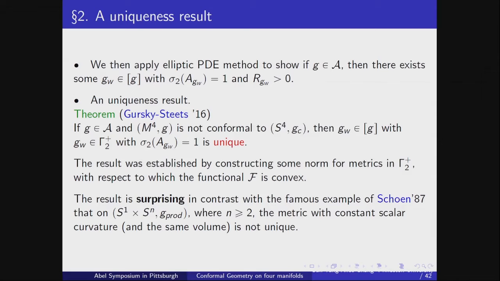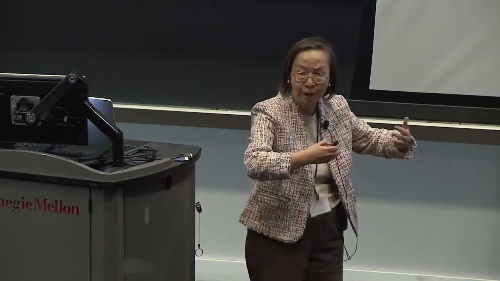And that adds to the difficulty of classification results when you have a canonical representative which is not unique. But if you do it on sigma 2, it's unique. Okay? Unique. And that means that this is a natural quantity to study.